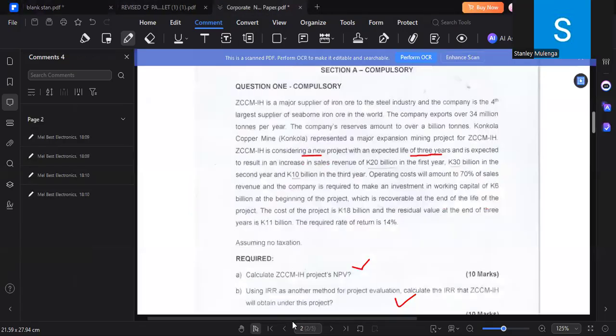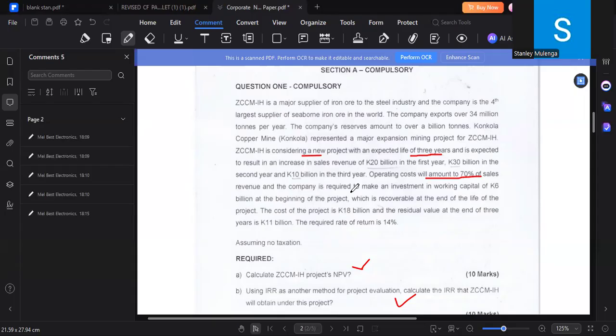Okay, so from here, the question was saying these were sales in the second year, third year, operating cost was 70% of sales revenue.